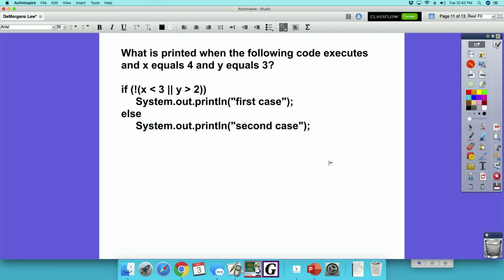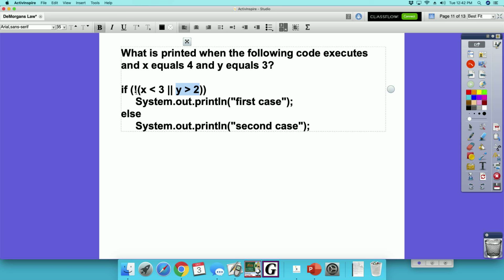All right. So here's another question. What is printed when the following code executes when x equals 4, so x is 4, and y equals 3? So x equals 4. So that is false, because 4 is not less than 3. And 3 is greater than 2, so this is true. False and true, making the inside true.